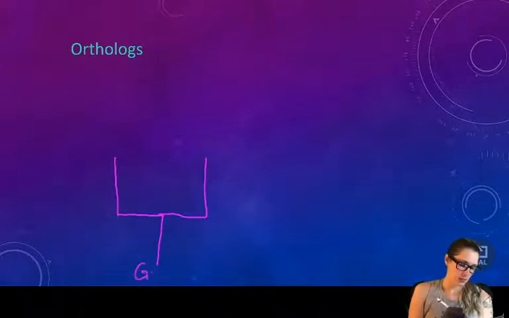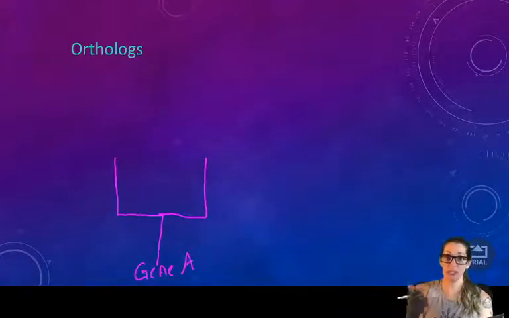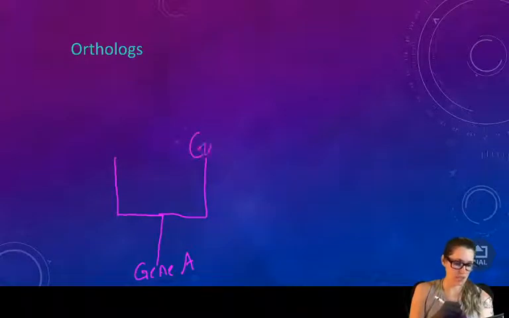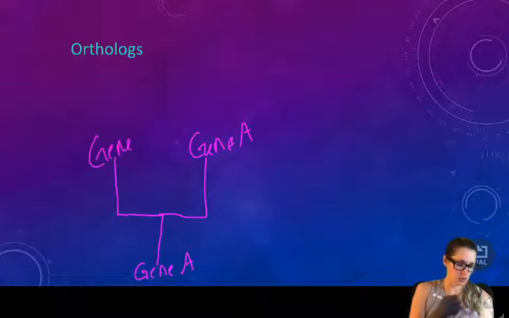Gene A is present in the common ancestor, and when those species speciate, gene A is present in each of those species.